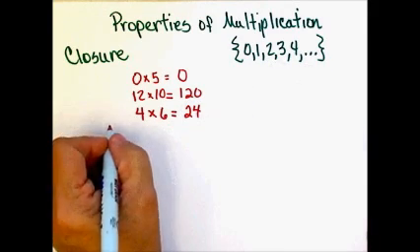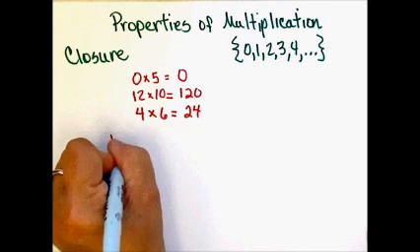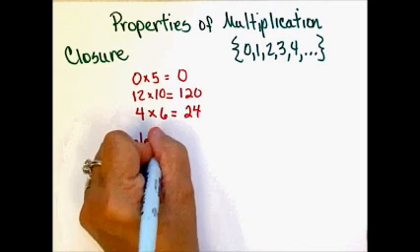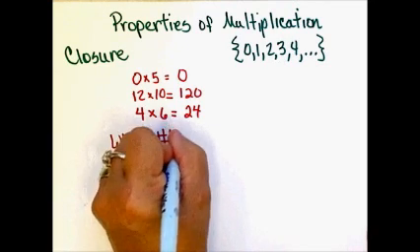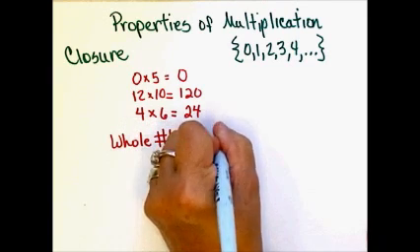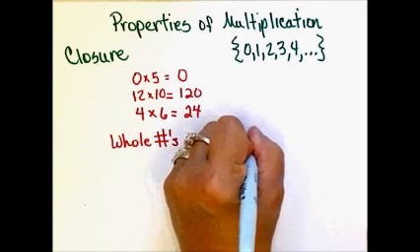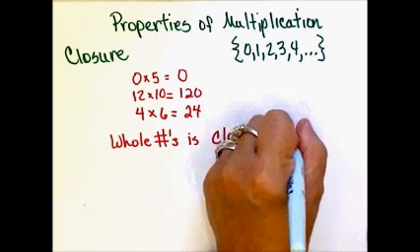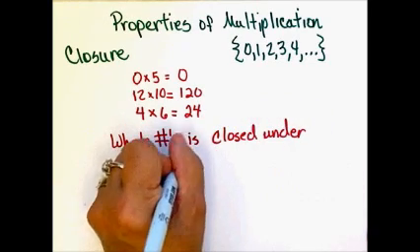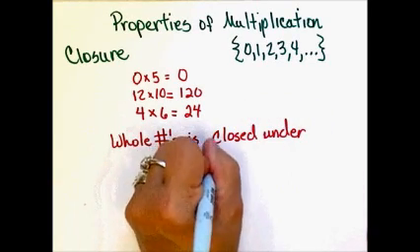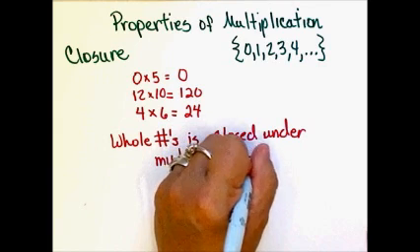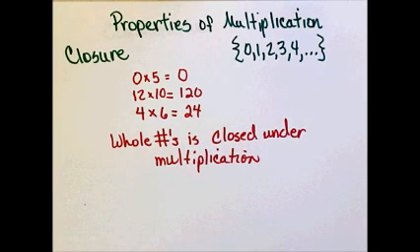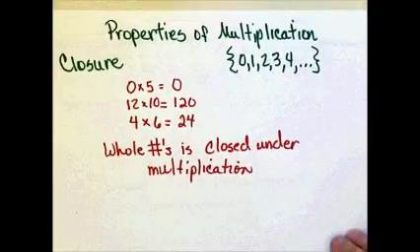So I would say that the set of whole numbers is closed under multiplication. Okay? So the closure property is true for addition and multiplication both.